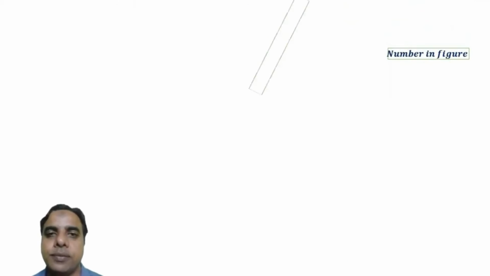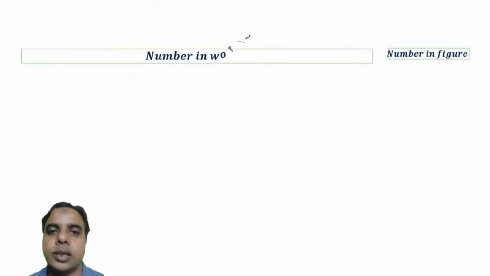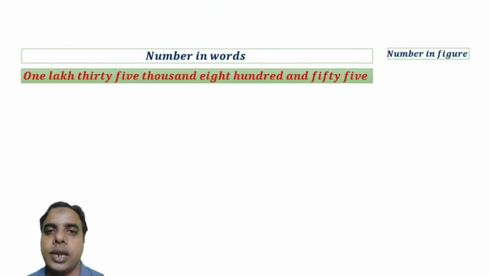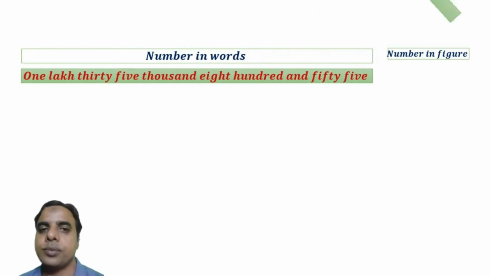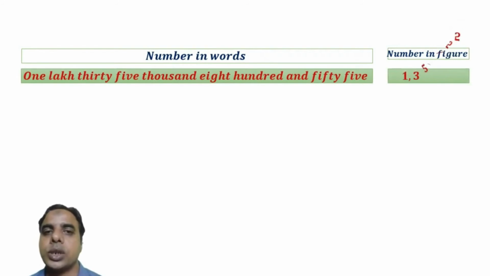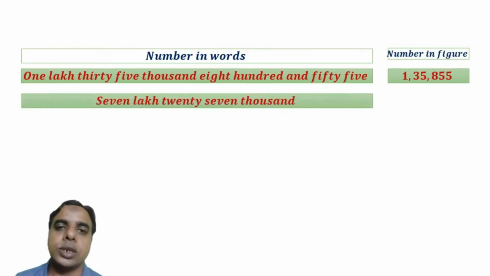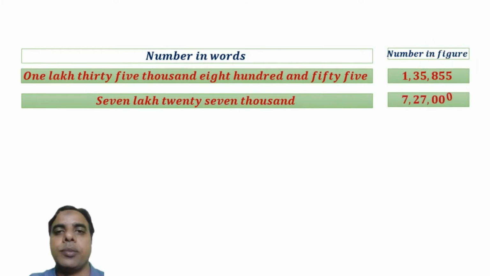The first number is 1,35,855. How will we write it? 135,855 in figure. So next number, 7,27,000, how will we write it? 727000. Okay.